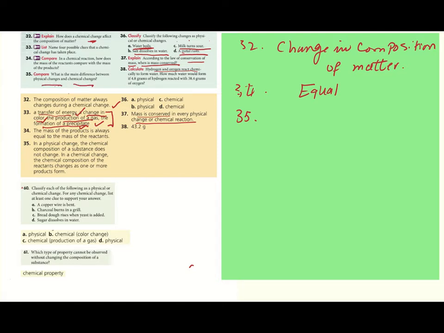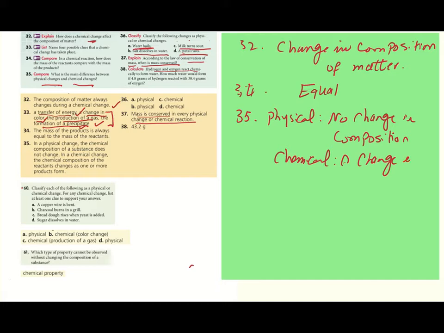The main difference is this. In physical change, there is no change in composition of matter, while in a chemical change there should be a change in composition of matter. This is the main difference.